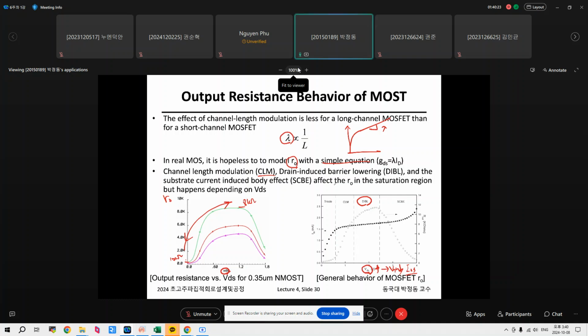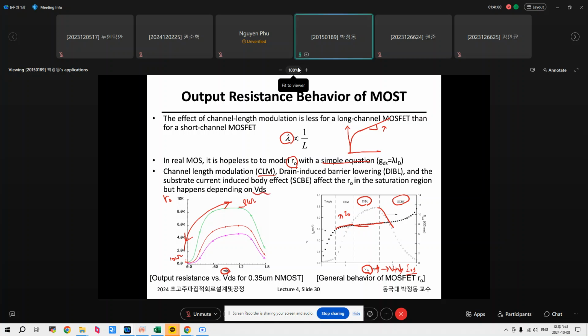So you look at this, right? This region is the drain-induced barrier lowering region. This is the channel length modulation region, which is just modeled with lambda ID. And there is another secondary effect, called the substrate current-induced body effect, the SCBE effect, in the saturation region but with a high VDS.